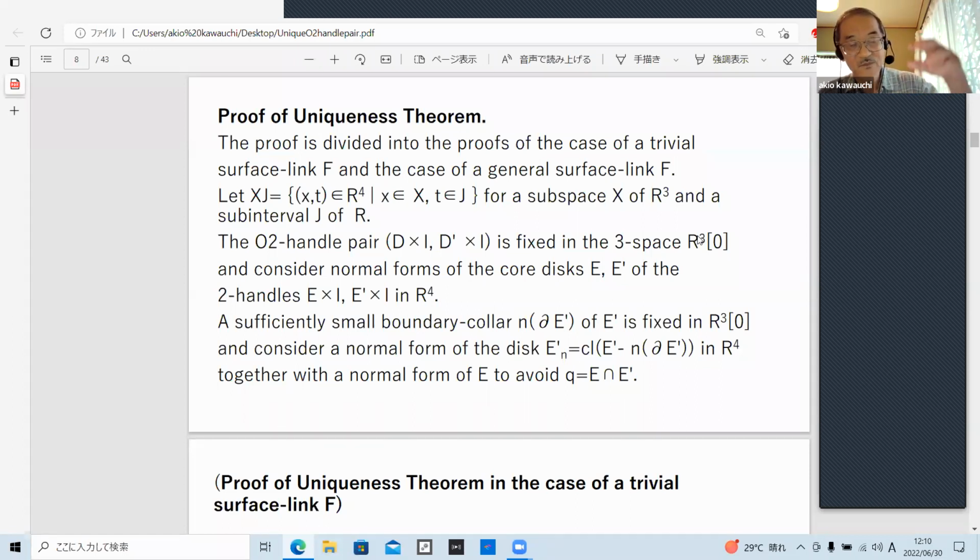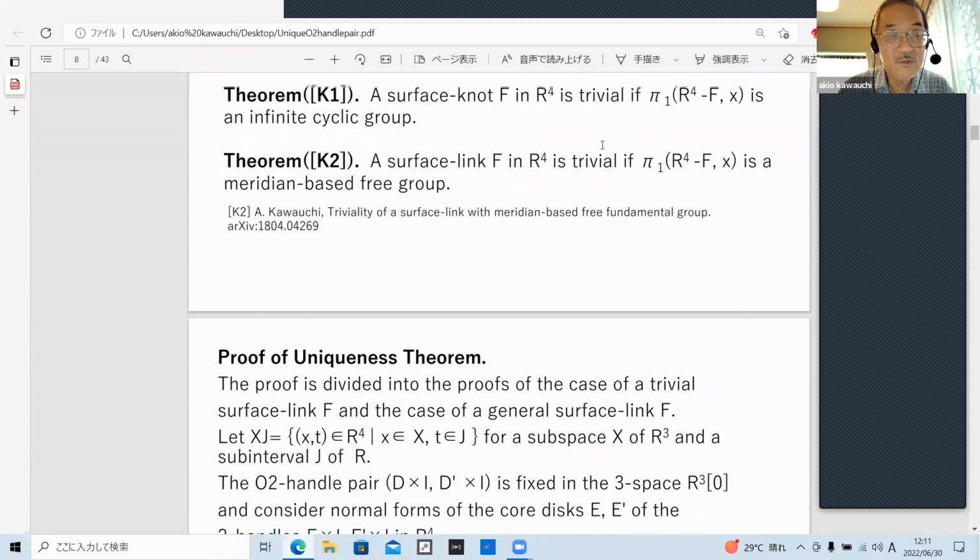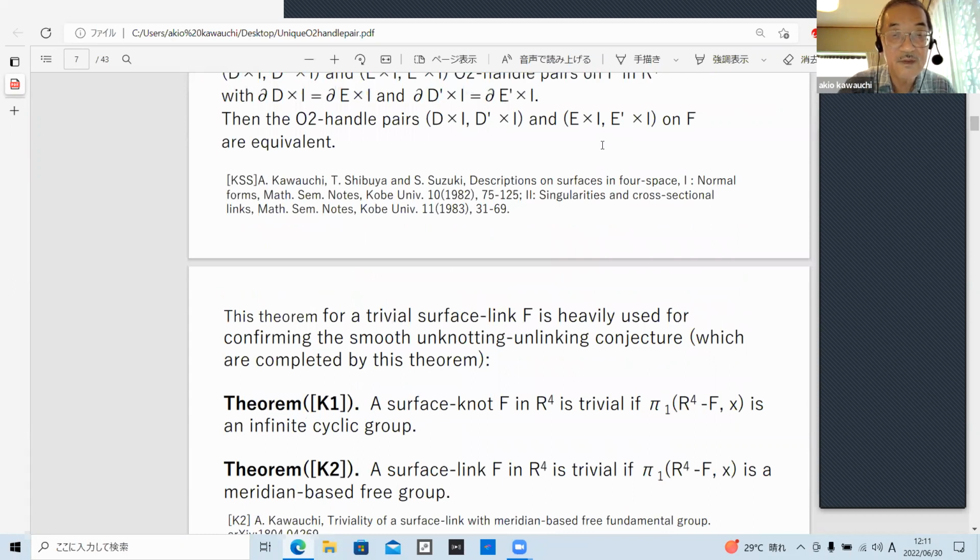It means some deformation of the position of the surface of these disks is a normal form. The normal form is written in this paper.